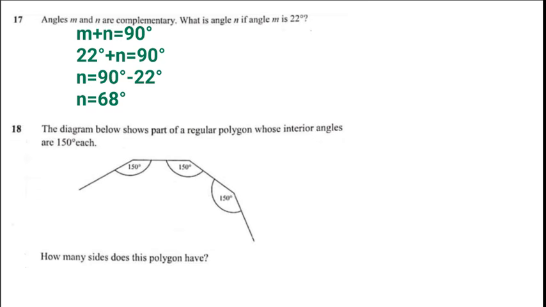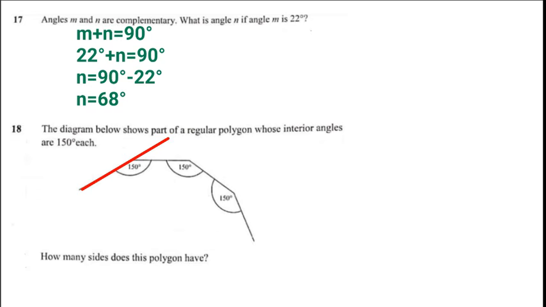So first of all, for us to find the number of sides, we need to find the amount of each exterior angle. If we want to find the exterior angles, I'm going to extend one corner, the way I've extended it using red there.